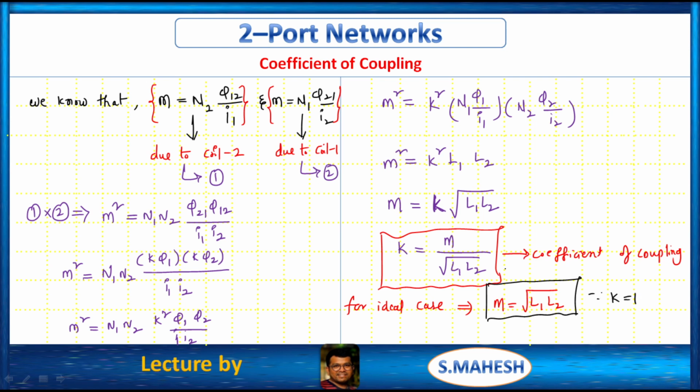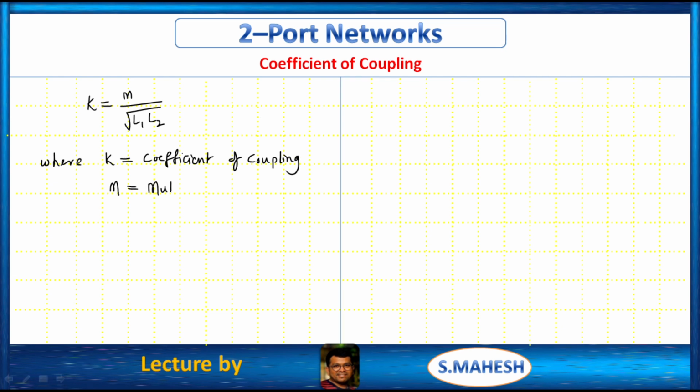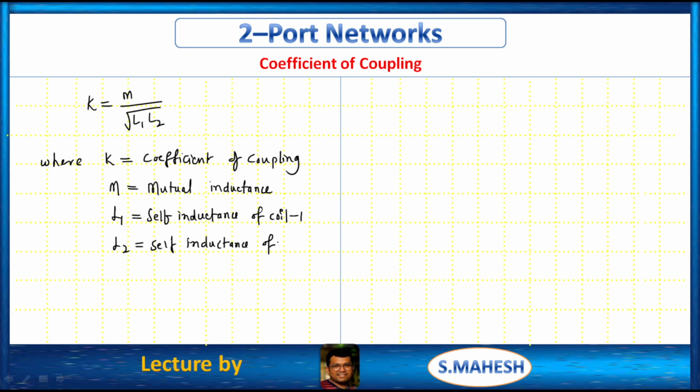So here M is the mutual inductance, k is the coefficient of coupling, L1 is the self inductance of coil 1, and L2 is the self inductance of coil 2. You can write k is equal to M by square root of L1 L2, right?